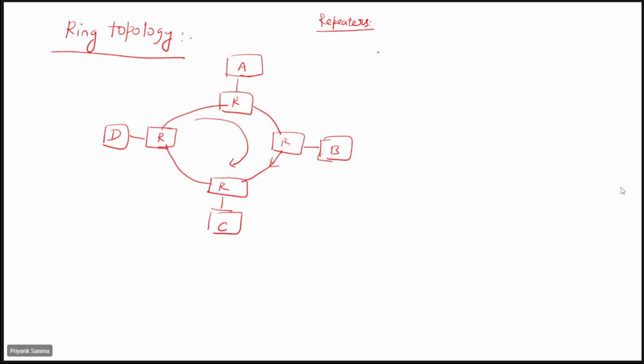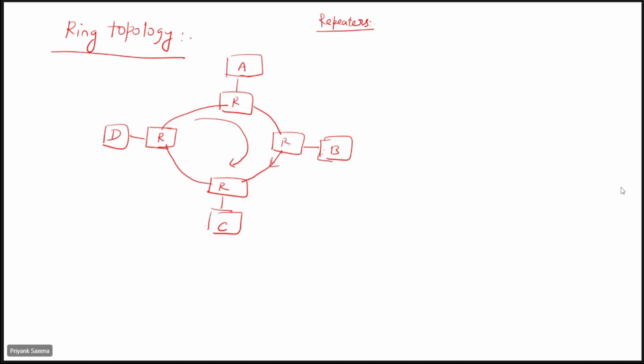Yes, sir. What is the bit length of the ring? As I told you, the data travels in the form of bits on the ring LAN. So the bit length of the ring means the total number of bits that can be present on the ring network, right?